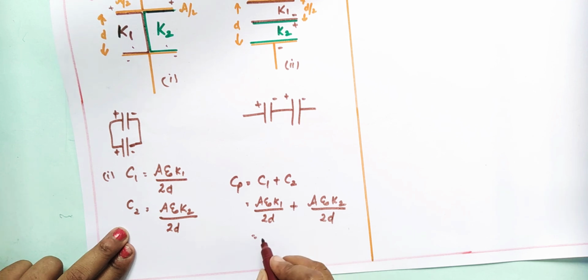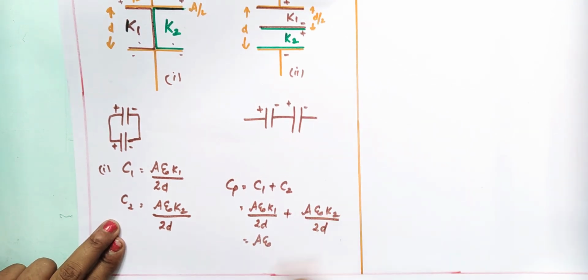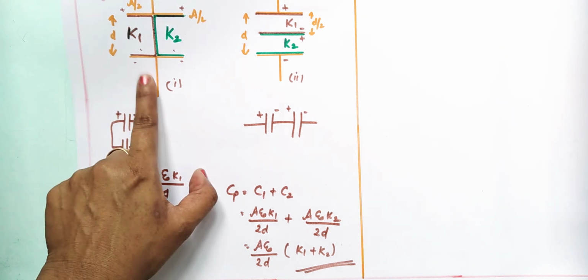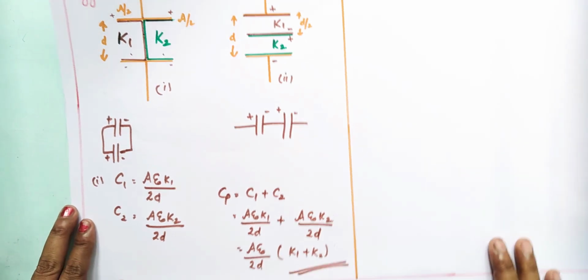A epsilon 0 divided by 2D is taken common, so it becomes K1 plus K2. So this is the equivalent capacitance of the first figure.